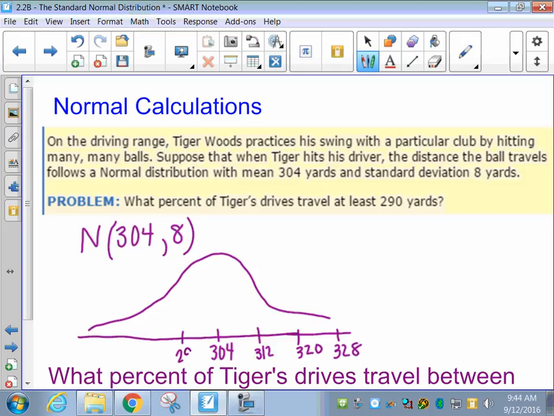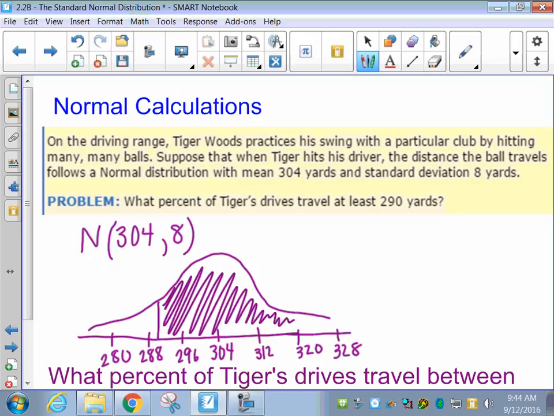Subtract 8, that's 296. Subtract another 8, 288. Subtract another 8, 280. So always draw the graph, right? Now what are we trying to find out? The percent of his drives that are at least 290 yards. So 290 is about here. At least 290 is greater than 290.